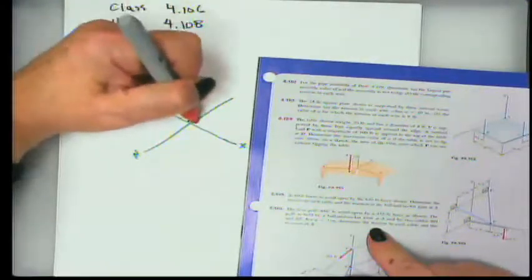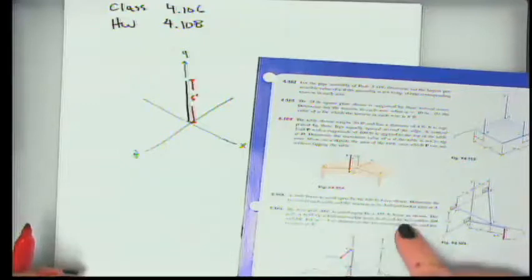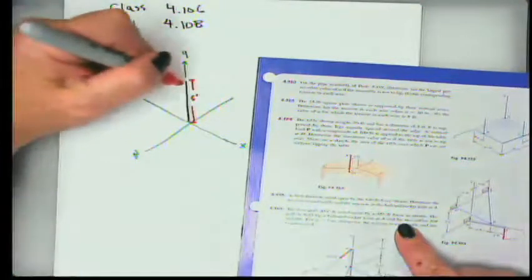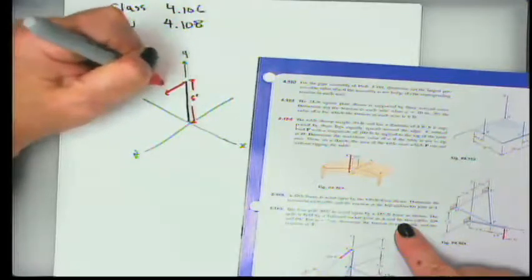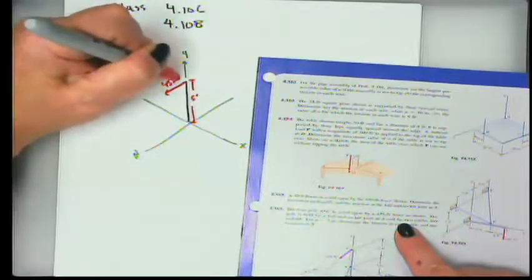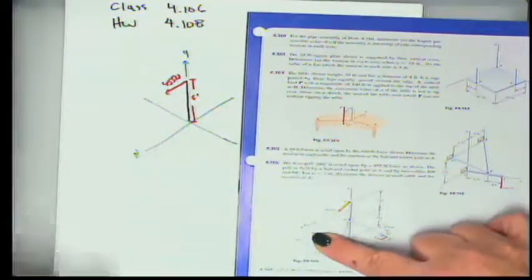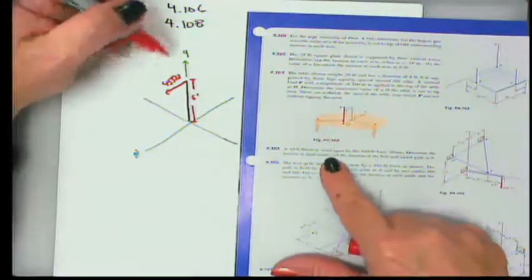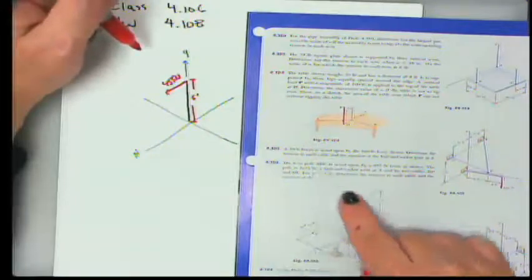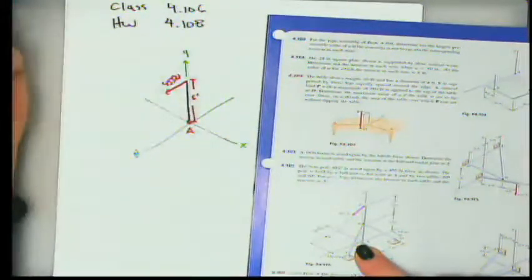Okay, and the problem says it is acted upon by a 455 Newton force as shown. So there's a guy wire that's pulling from the top of the cable down to point F. It says the pole is to be held with a ball and socket joint here at A, right?